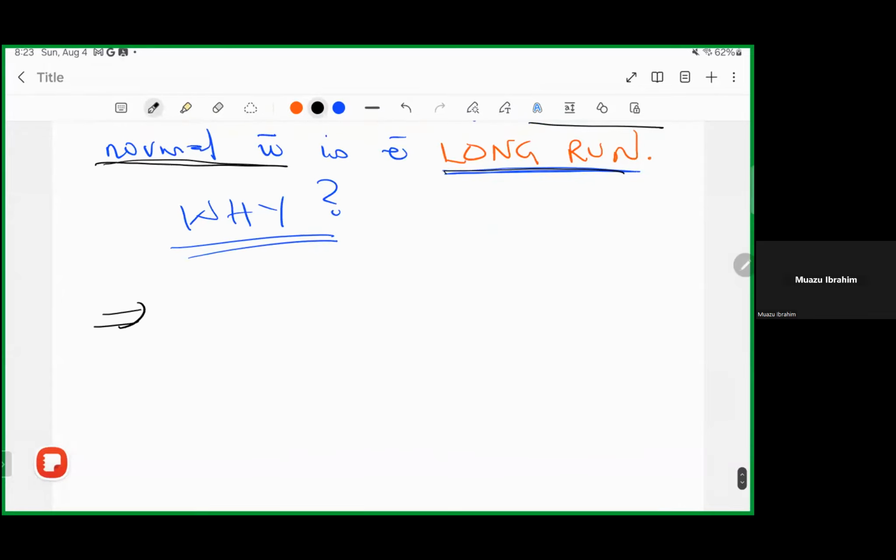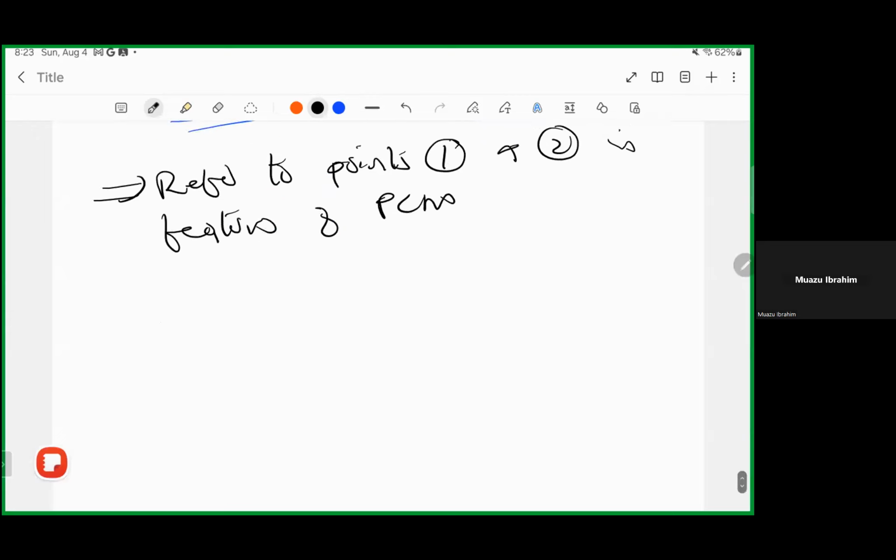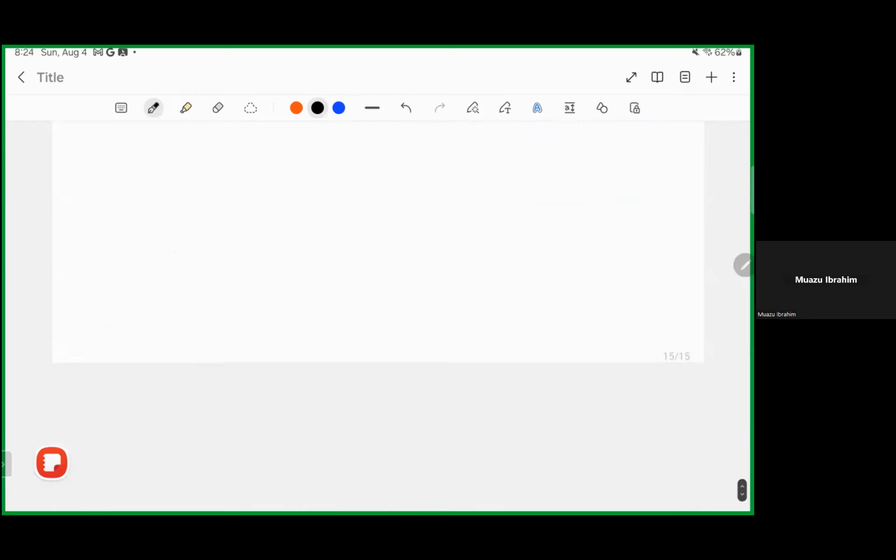So here, refer to points 1 and 2 in features of the perfect competitive market. Okay, so now let's look at this typical question. And these are some of the things that you'll be finding in the exam.